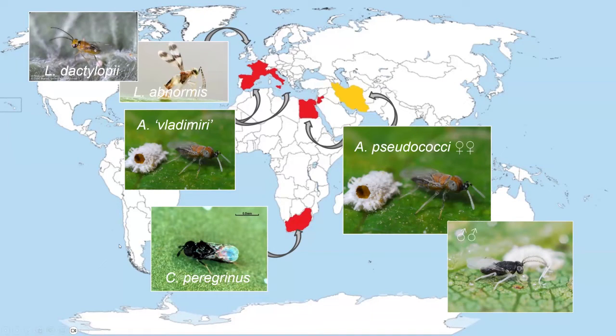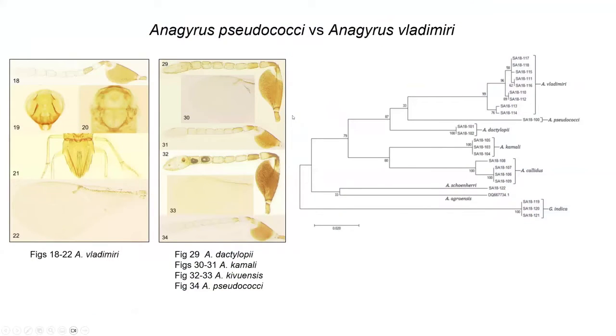released that. So I just mentioned this difference between vladimiri and psittacoxy. And you're probably wondering, because if you're purchasing this, some people are selling psittacoxy, some people are selling vladimiri. It's really hard to know what you're getting. These are very, very similar species. It wasn't until very recently that our colleague Sergei Trapitsin separated these out, calling one psittacoxy, calling the other vladimiri, based on some antennal differences and some molecular differences.